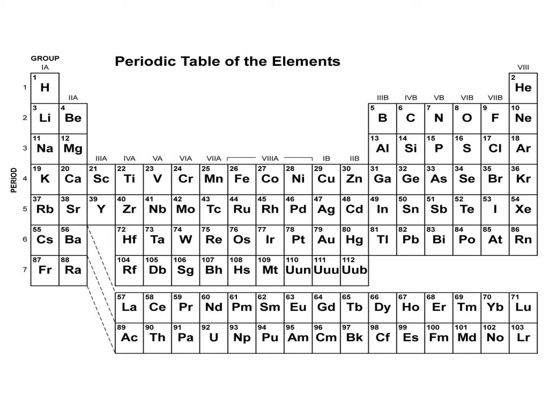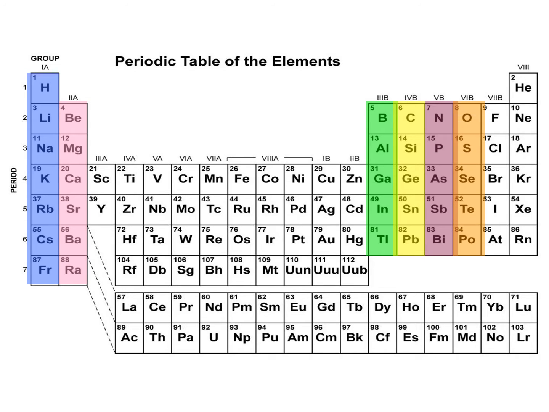So here's your periodic table. Group 1, called the alkali metals, all have 1 valence electron. Group 2, called the alkaline earth metals, has 2 valence electrons. Group 3, which is the boron group, all have 3 valence electrons. The carbon group has 4, the nitrogen group has 5, the oxygen group has 6, the fluorine group, which is called the halogens, has 7, and then noble gases all have 8.